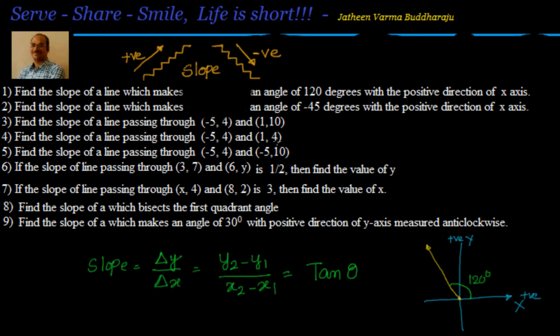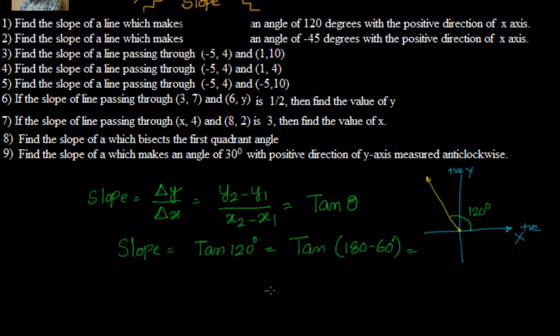In the first problem, the angle is 120 degrees. So slope equals, we will use this formula because we know theta, tan of 120. Tan of 120 is nothing but tan of 180 minus 60, which is minus tan 60.